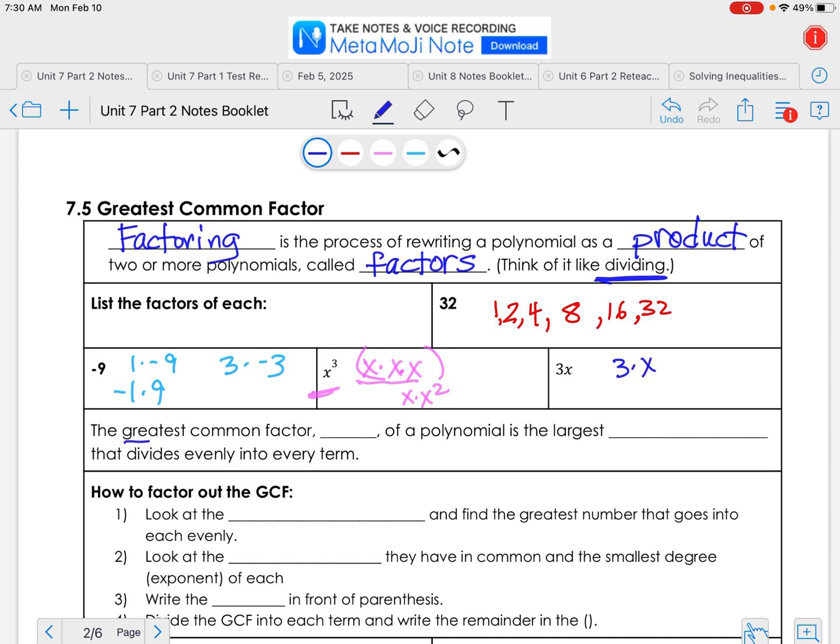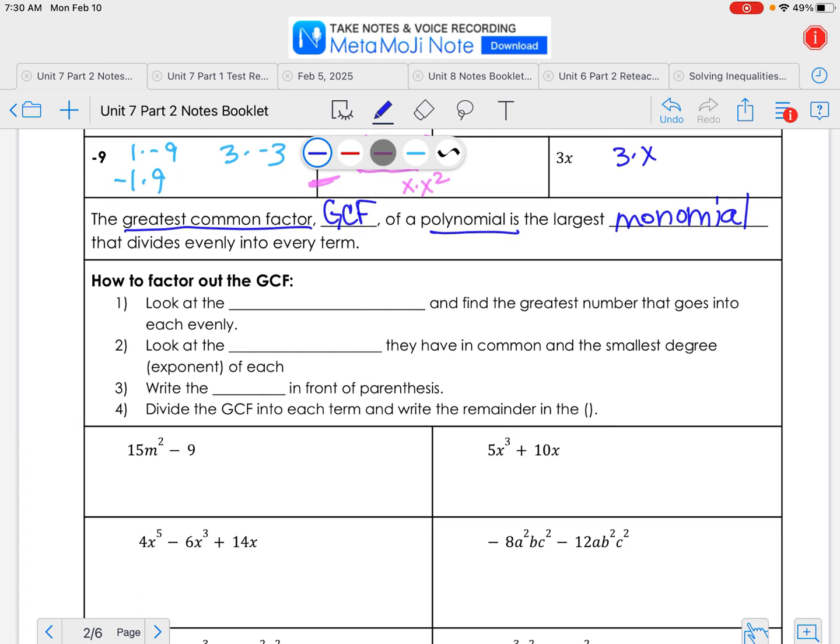So the greatest common factor, or GCF, you've talked about this before too in math, but you haven't done it with polynomials. The GCF of a polynomial is the largest monomial that divides evenly into each term. So the first thing you do is you look at the coefficients. That's the big number in front of the variable. Find the greatest number that goes into each coefficient evenly.